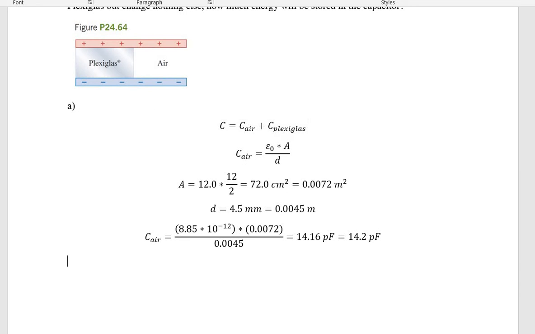So obtaining this value of capacitance of air, we have to find the total capacitance, which is going to be, as we know already, capacitance of air plus capacitance of plexiglass, but it can be rewritten as dielectric constant multiplied by capacitance of air.